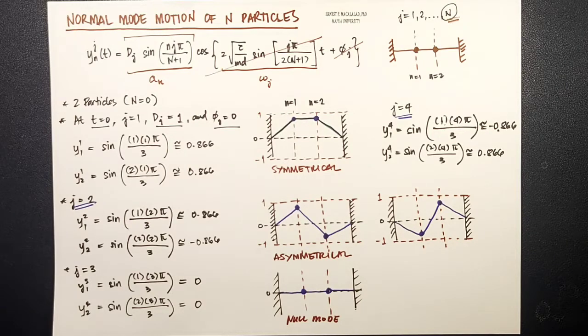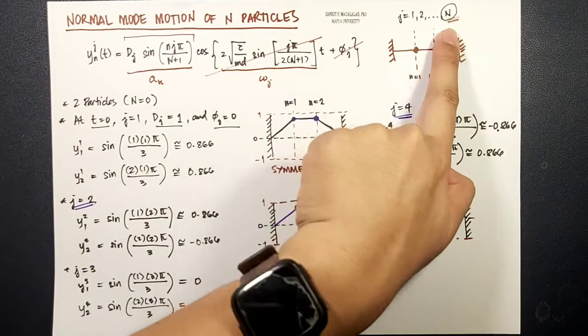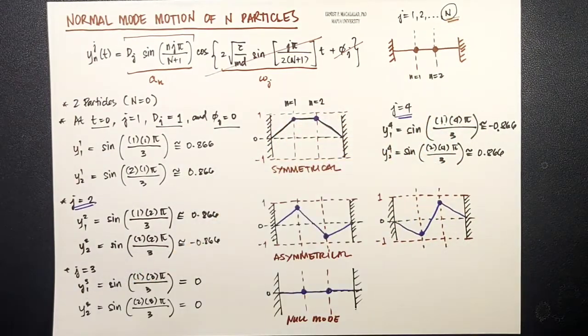In this case, it's a duplicate of J equal to 2, the second mode, with a change of sign. So this illustrates that indeed there are only capital N distinct modes, and increasing J beyond this N will just duplicate the modes for the smaller N.